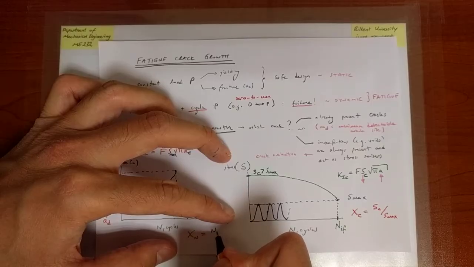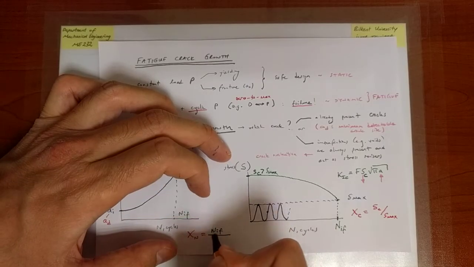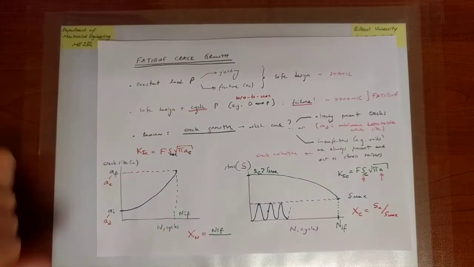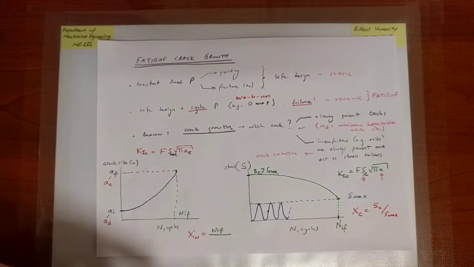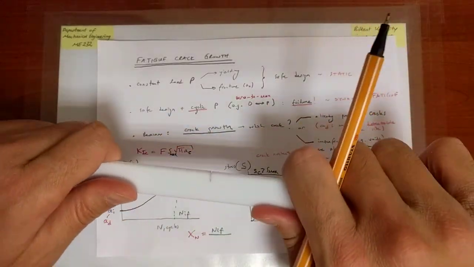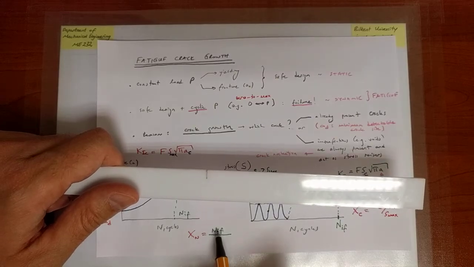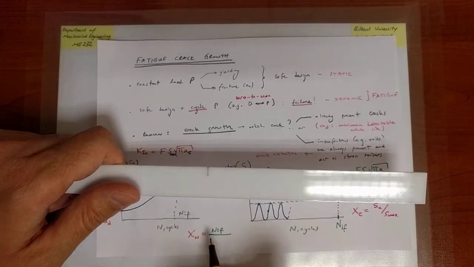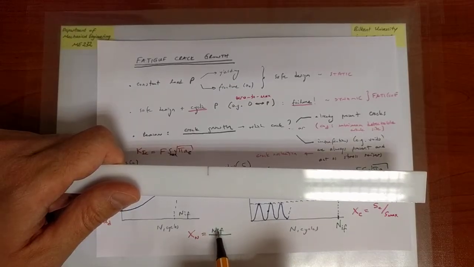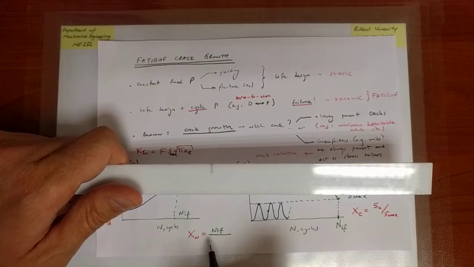NIF is the maximum number of cycles I could possibly apply. So I take my structure into service, I keep cycling it, and suppose I know that the number of cycles to failure is 1,000,000. Now, I don't want to cycle it to 1,000,000. If I try to cycle it to 1,000,000, it means that I am assuming a safety factor of 1, right?